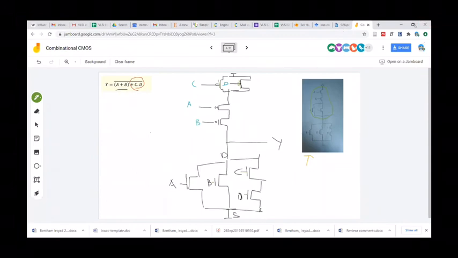Okay. So now we continue back to the slides. Ma'am, just now in the Jamboard answer, the CD on the top side, CD and AB were inverted. So that doesn't matter, is it?